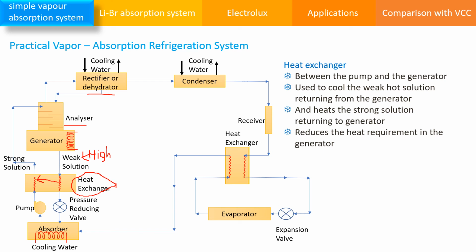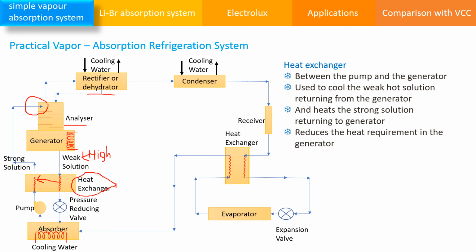And the strong solution is heated and passed through the analyzer, where at this point it can generate more ammonia vapor. Now it is both at high temperature and high pressure compared to before. This results in ammonia vapor going to the rectifier and the weak, water solution of ammonia dripping down to the generator, where it is heated again to generate ammonia vapors and the cycle goes on.